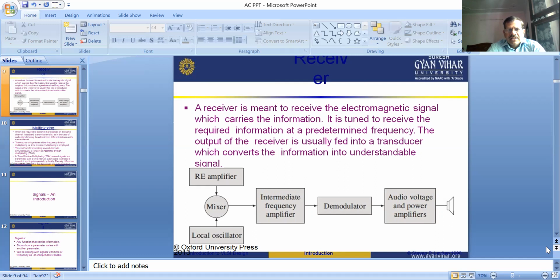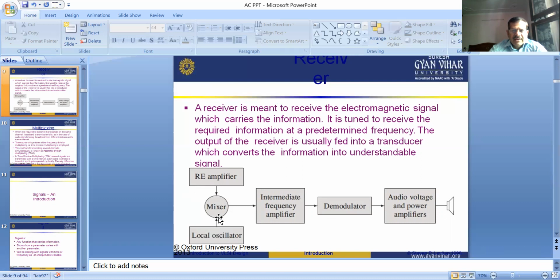The output of the receiver is usually fed into a transducer. What is the role of the transducer here? The transducer converts the information into understandable signals. In this diagram we see a mixer, an RF amplifier, and a local oscillator.